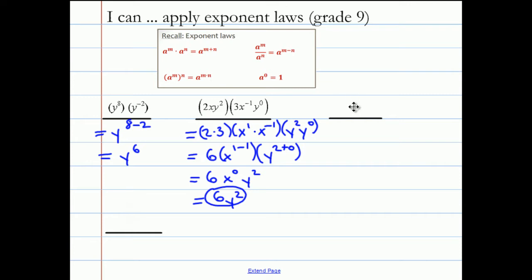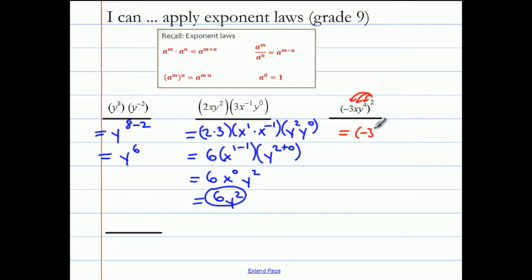Alright, another example. If we have negative 3 times x times y to the 4th, all raised to the power of 2, we need to use this rule right here. So what we need to do is distribute this 2 into each of these terms inside the bracket.